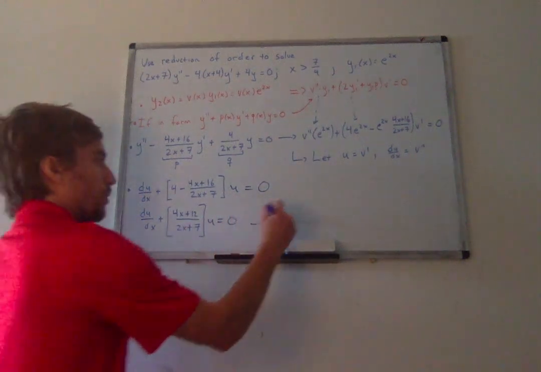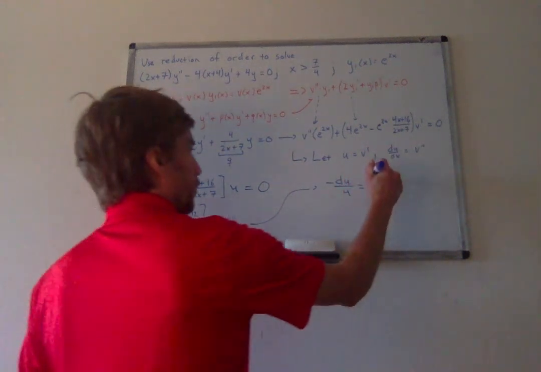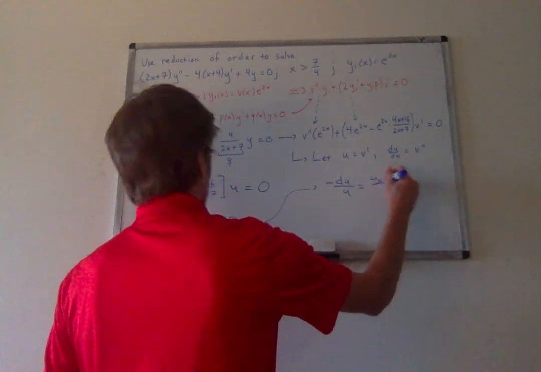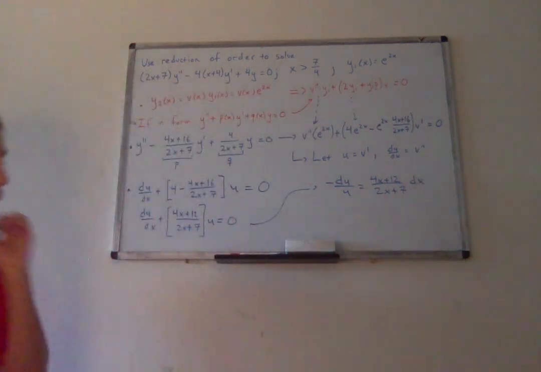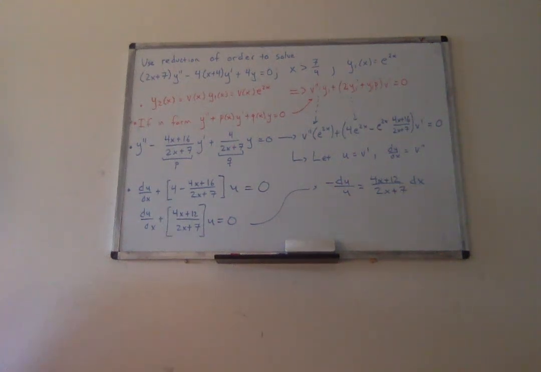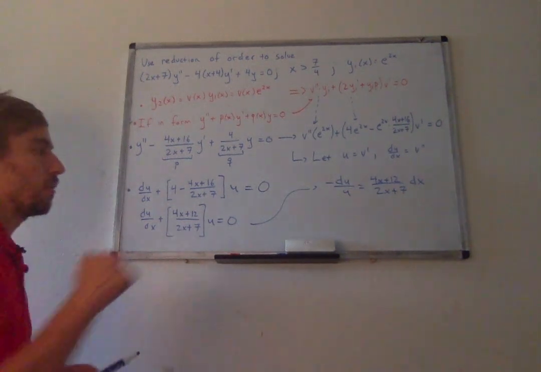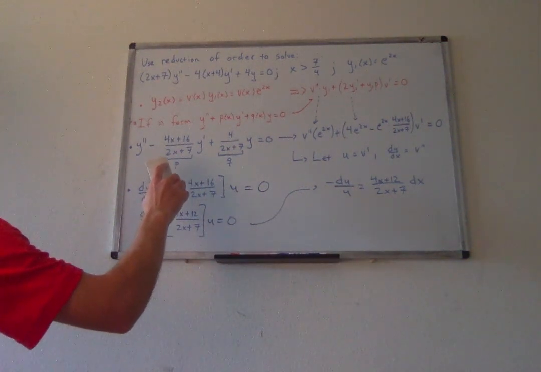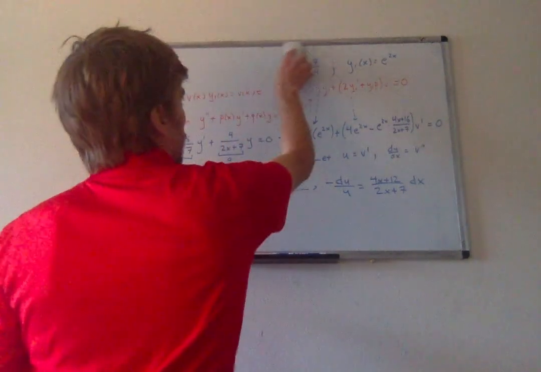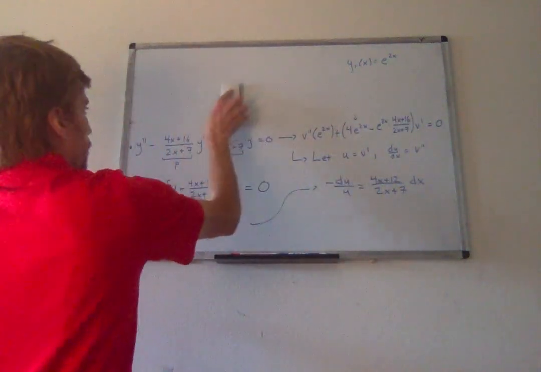Now I can separate the variables and get negative du over u is equal to 4x plus 12 over 2x plus 7 dx. All right. So we can integrate both sides now. To give myself a little more room, I can start erasing. I want to keep the y1 there since we'll need to remember what that is.